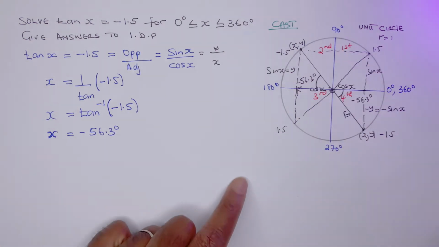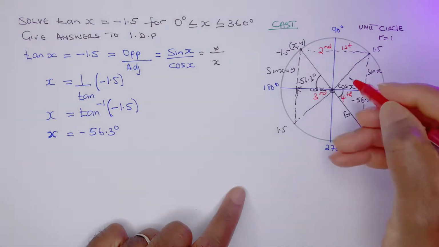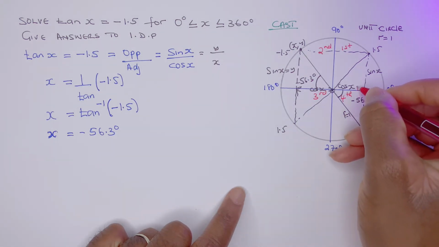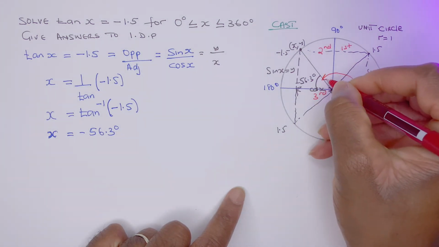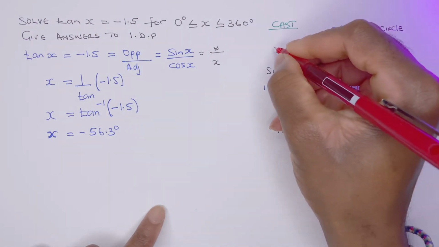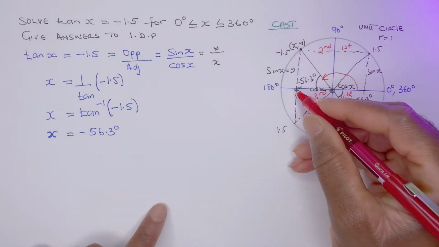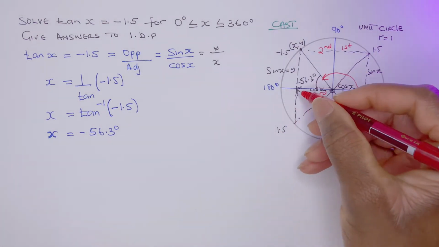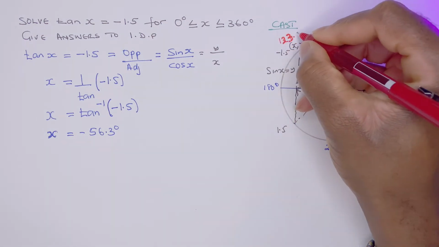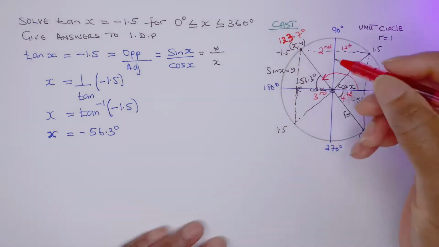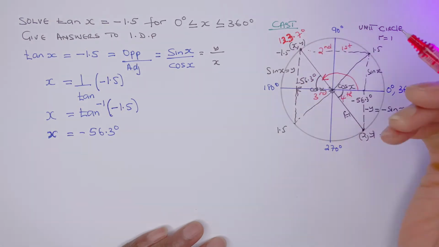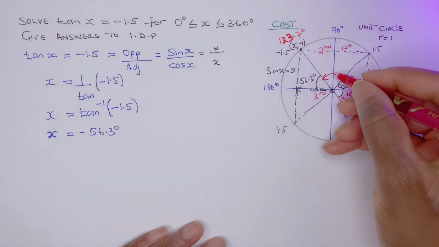And this angle here, then, we need to measure from 0 degrees all the way to there. And when you do that, that angle, you take it away from 180. So if we take it away from 180, that's 123.7 degrees from there to there.